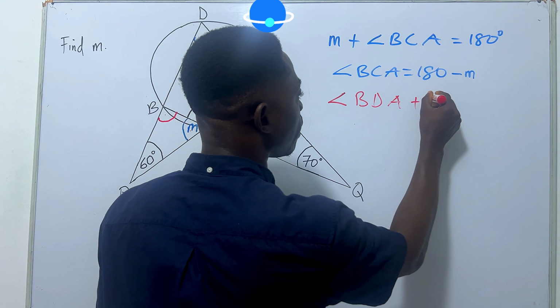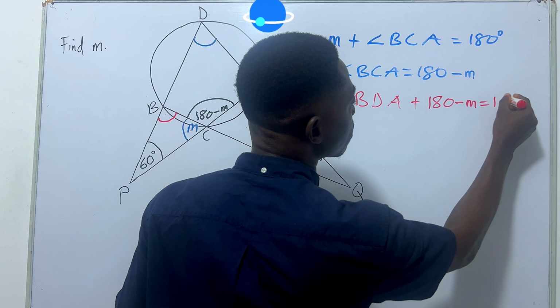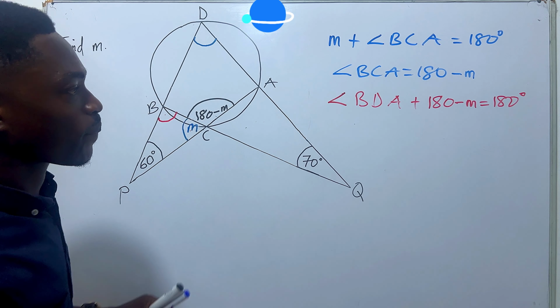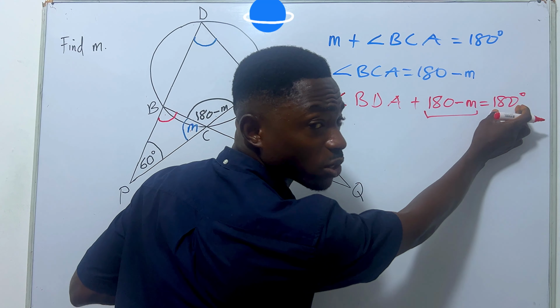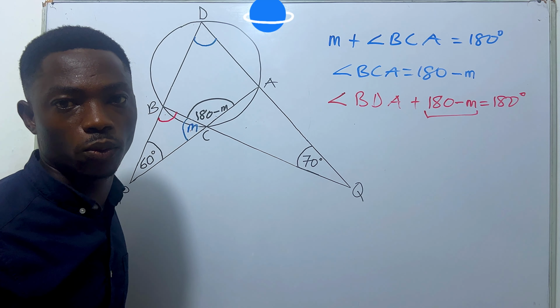But we know it to be 180 minus M, and this should still give us 180 degrees. This is what we get when we sum two opposite interior angles of a cyclic quadrilateral.